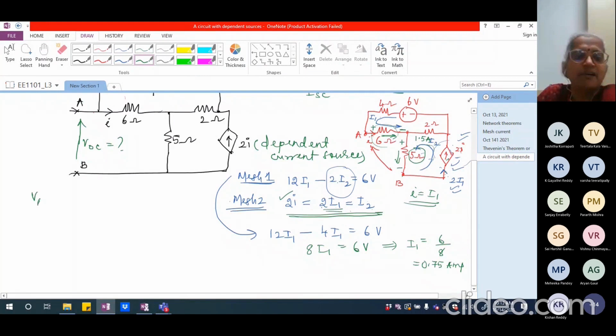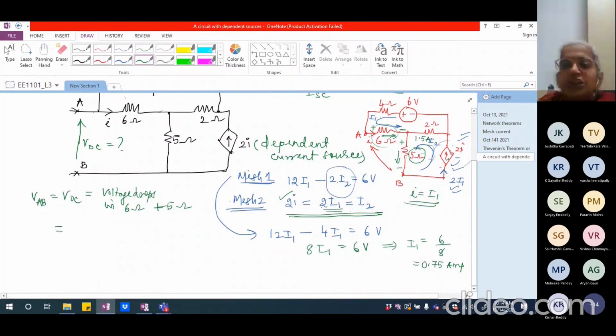So VAB, which is the open circuit voltage, that will be given by voltage drop in 6 ohm plus voltage drop in 5 ohm. Both of them have to be added.